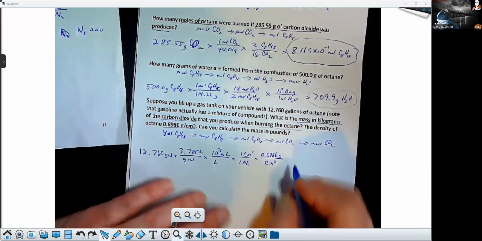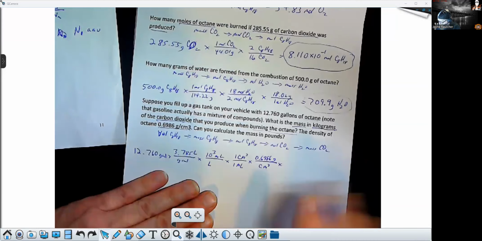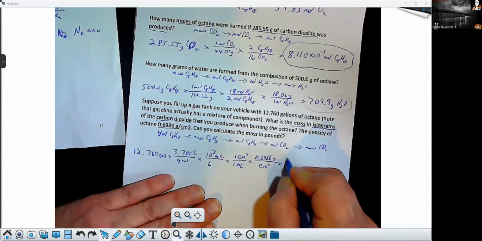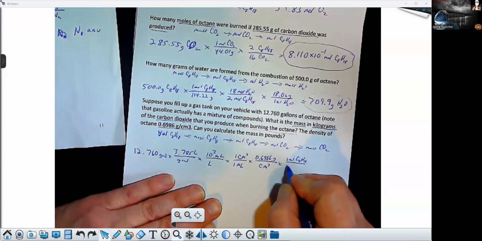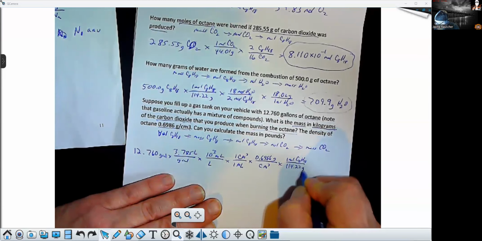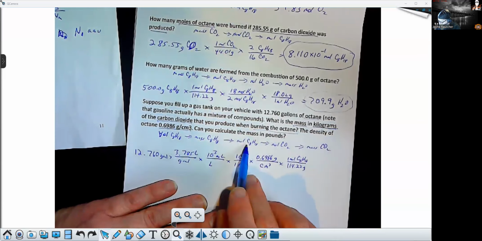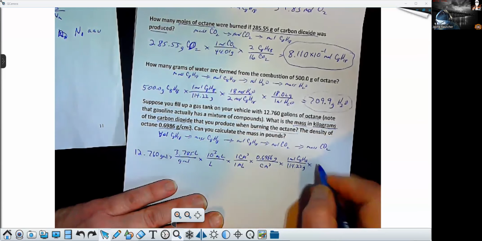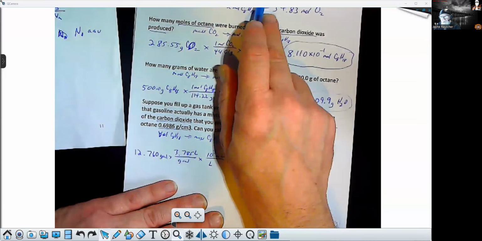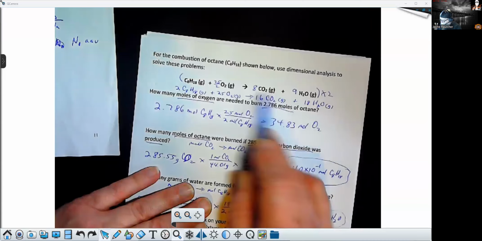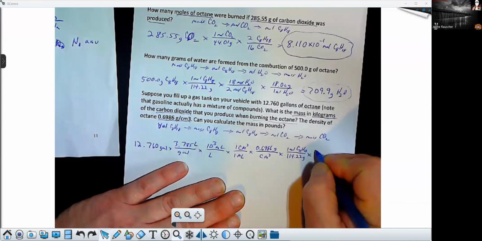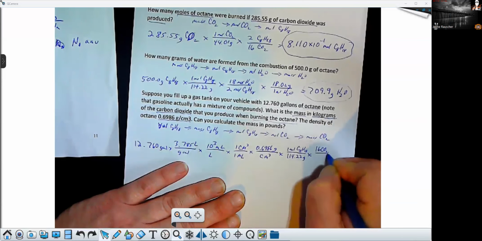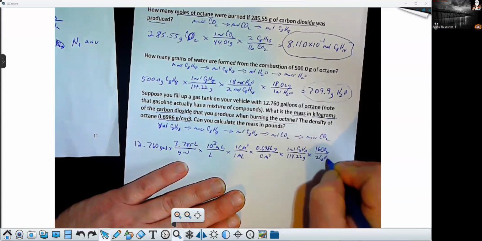Now we need to go to moles of octane. So we can take the molar mass of octane. So that's 1 mole C8H18 per 114.22 grams. Now we've got moles of octane. Now we need to go to moles of CO2. There are 16 CO2s for every 2 octane, okay? So 16 CO2 for every 2 C8H18.